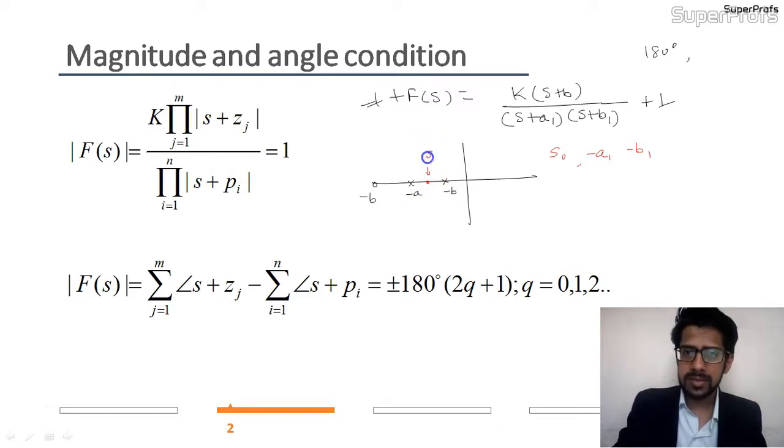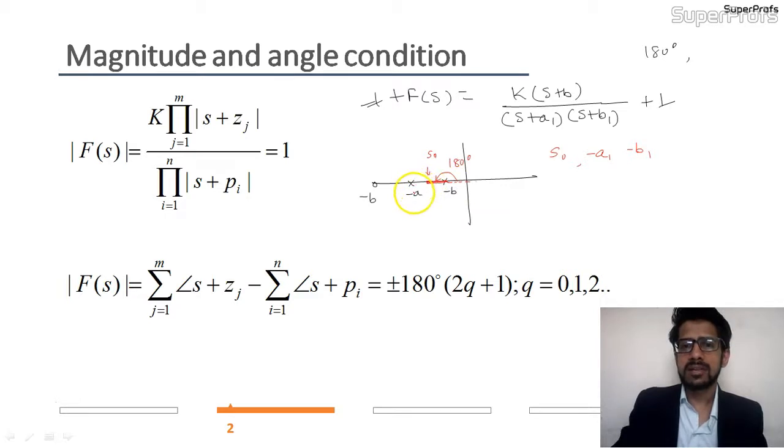So we have our s naught at this particular position. Now we will join s naught with every other point. Say we joined it by minus b. So from horizontal you have the angle of 180 degrees in the anti-clockwise direction.